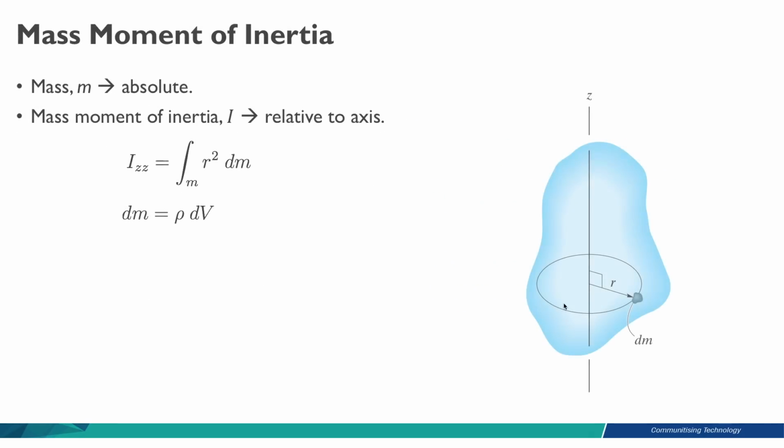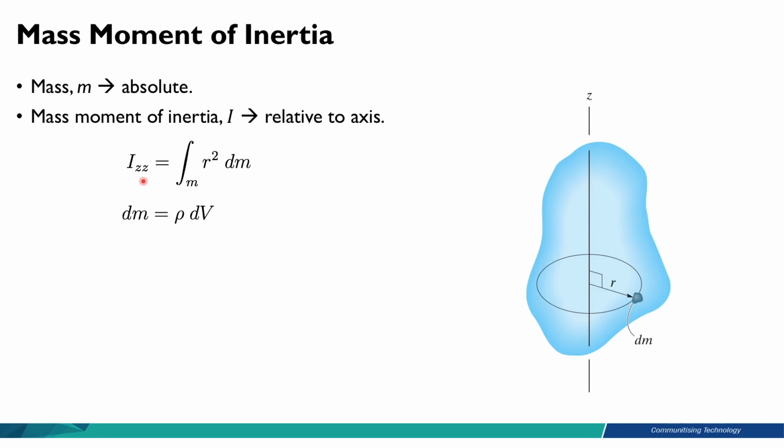From statics, you have already learned that the mass moment of inertia is given by this. This is how the mass moment of inertia of a body is derived. Let's say we have a rigid body like this, the blue color rigid body, and we have an axis z passing through the rigid body like this.